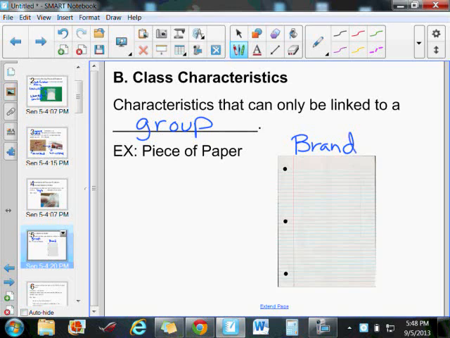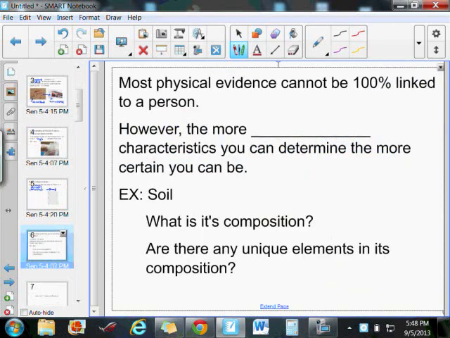It's notebook paper, so you might be able to narrow down that this paper came from people who used this particular brand or were using notebook paper, which is pretty much everyone. But the idea behind a class characteristic is it's only for a group. It's not a specific individual. You can only tie it to a group of people.